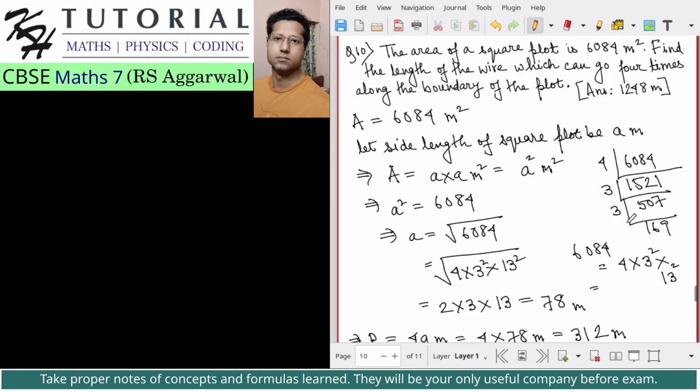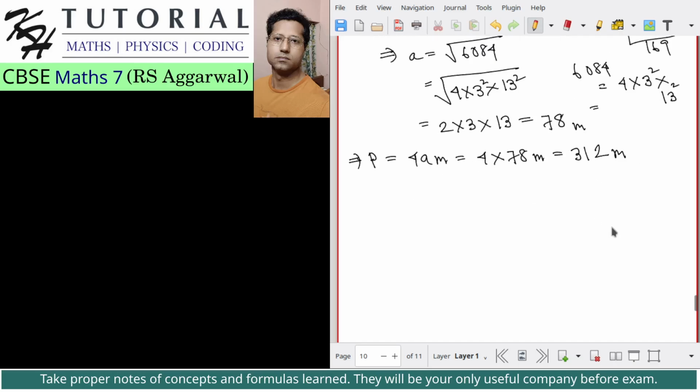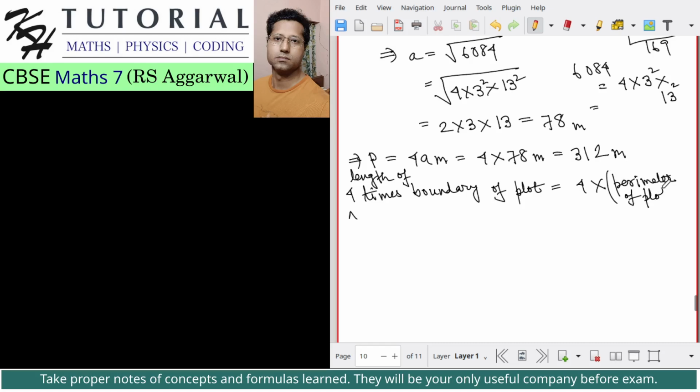Okay, so find the length of the wire which can go 4 times along the boundary of the plot. So the length of 4 times the boundary of the plot is equal to 4 multiplied by the perimeter of the plot. 1 time the boundary of the plot means the perimeter of the plot.